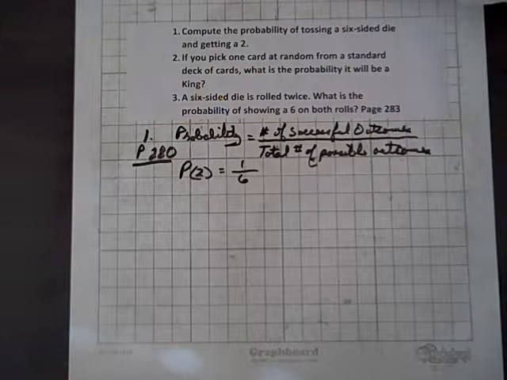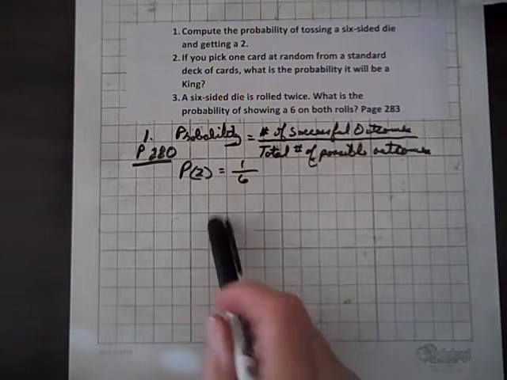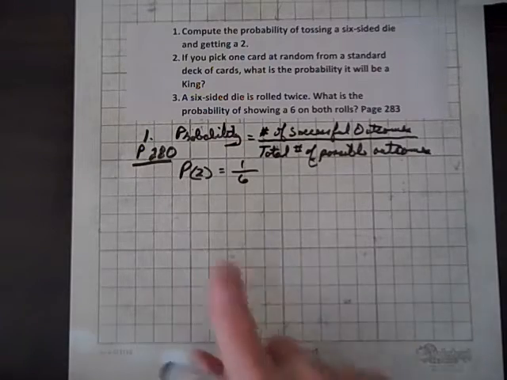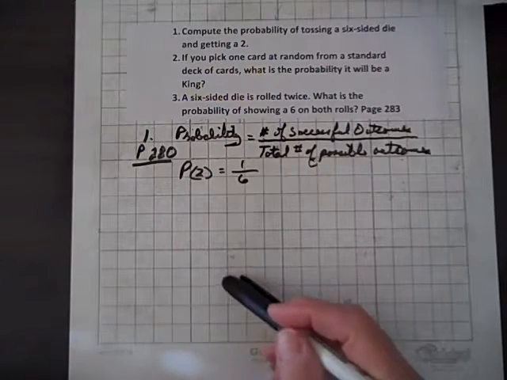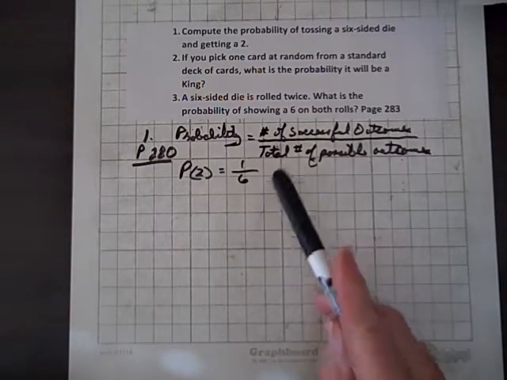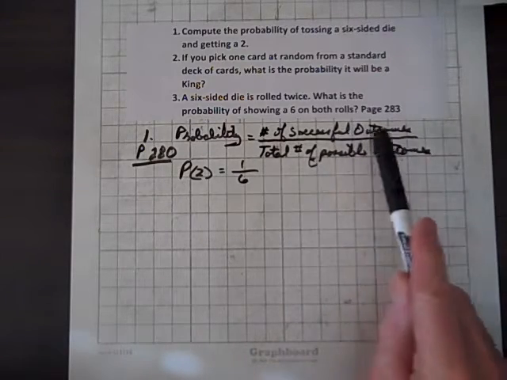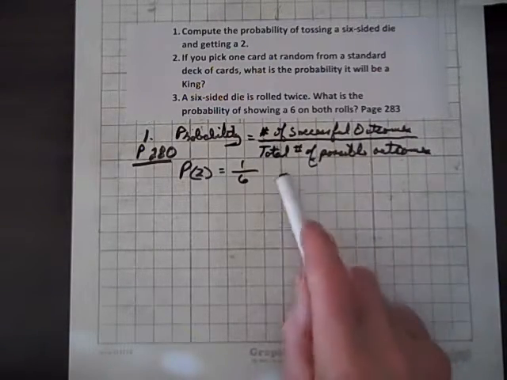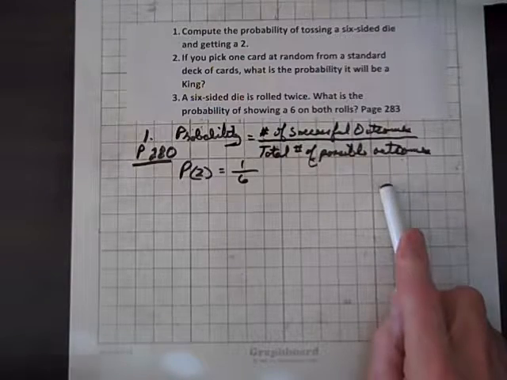Well, now we're dealing with probability. If you go to page 280, you'll see the definition of probability, which is the quotient of the number of successful outcomes divided by the total number of possible outcomes.